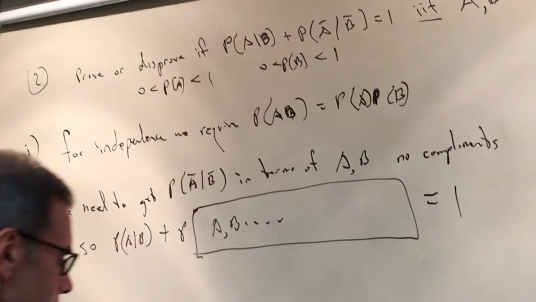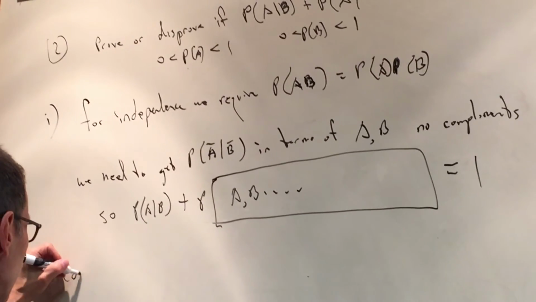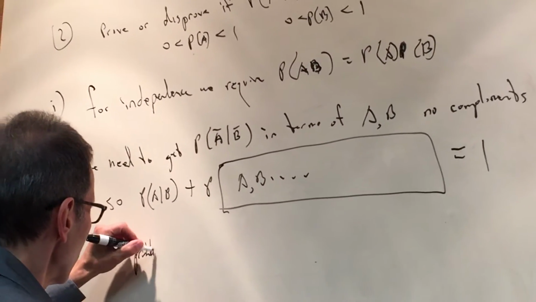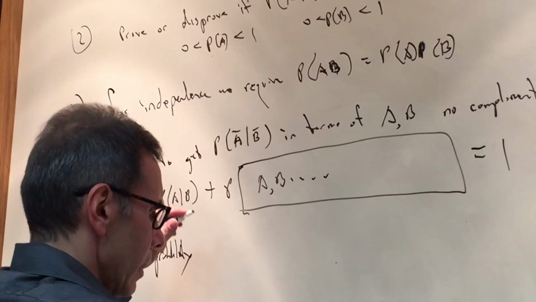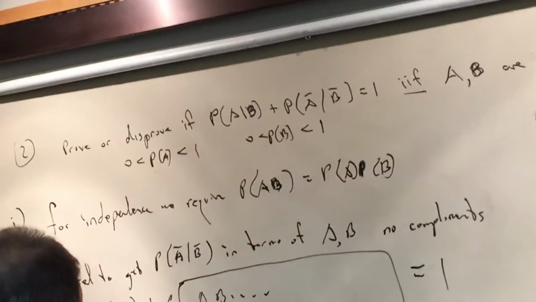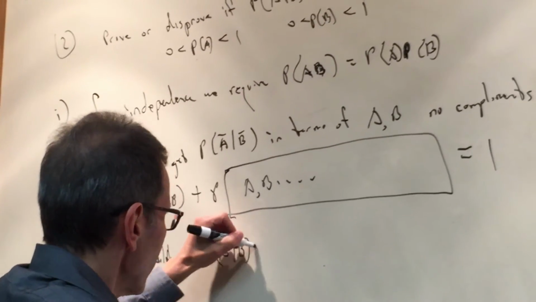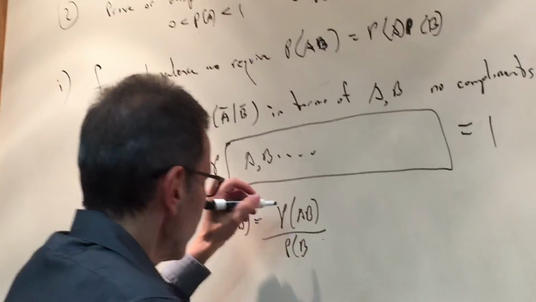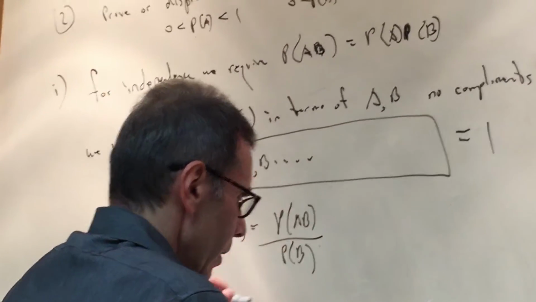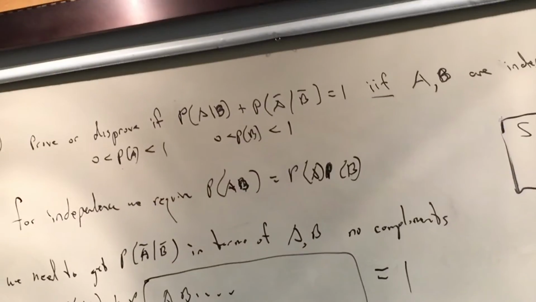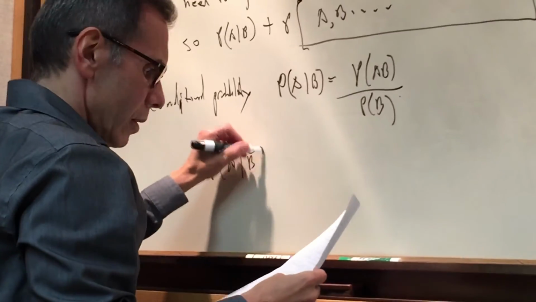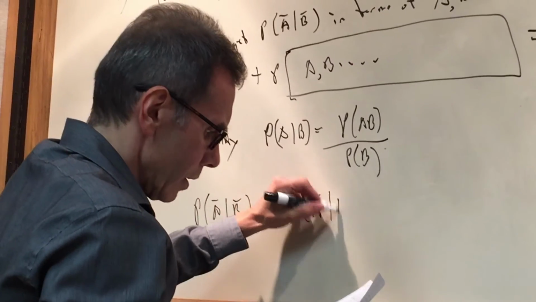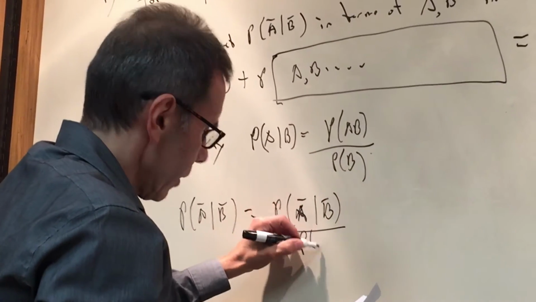Next, we know from conditional probability that the probability of A given B can be expressed as the probability of A intersect B over the probability of B. But the probability of A bar given B bar is equal to the probability of A bar intersect B bar over the probability of B bar.